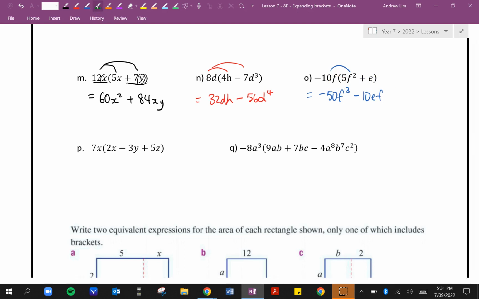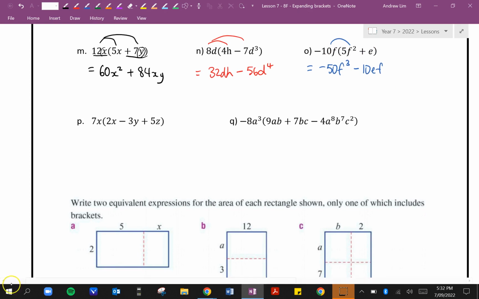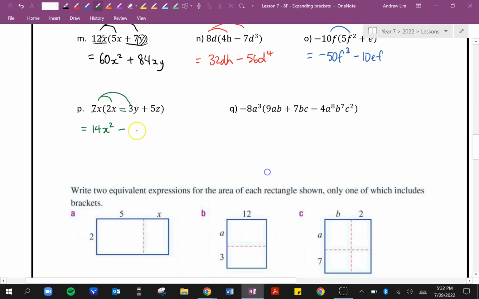Question P. 7x times 2x is 14x squared. Positive times negative is negative. 7x times 3y is 21xy.